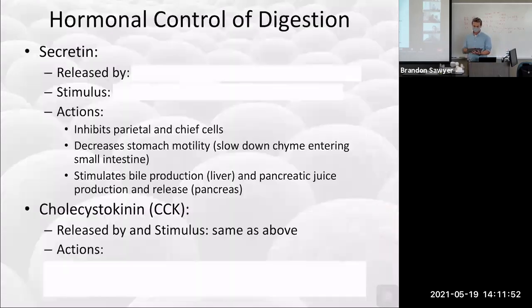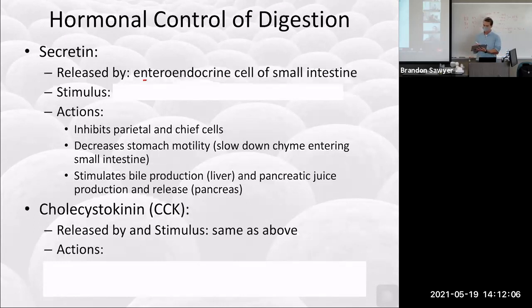Okay. All right, so let's talk about how digestion is controlled and how all these different organs are involved in that process. Two primary hormones are involved in this, one called secretin. Secretin is released by enteroendocrine cells, similar to the ones we saw in the stomach, but these are found in the small intestine instead.